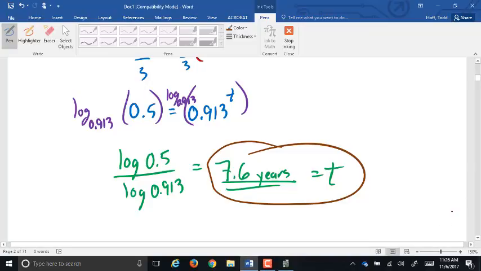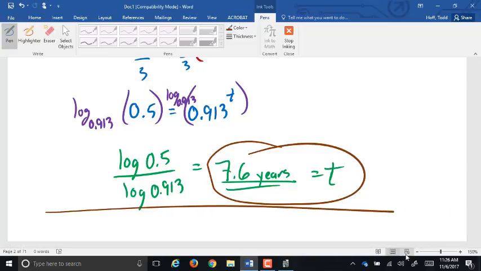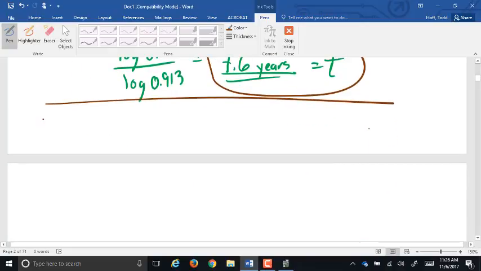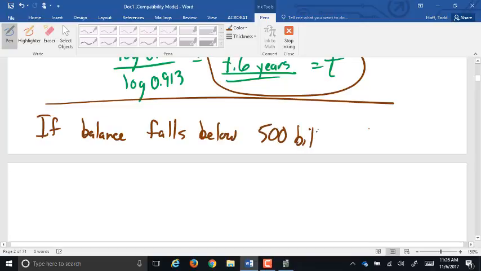Okay. So our next topic now, they are saying that once the balance falls below 500 billion, it won't be able to make payments.